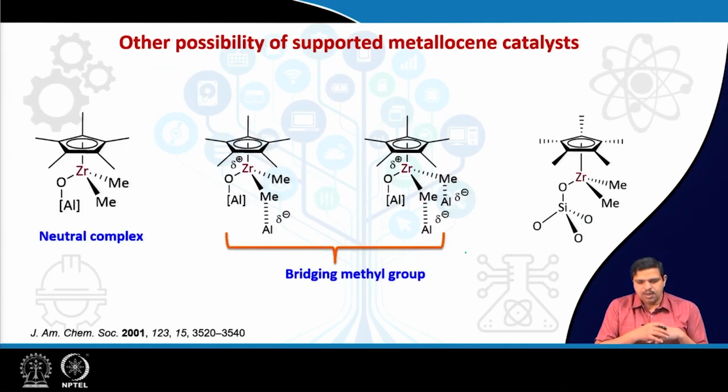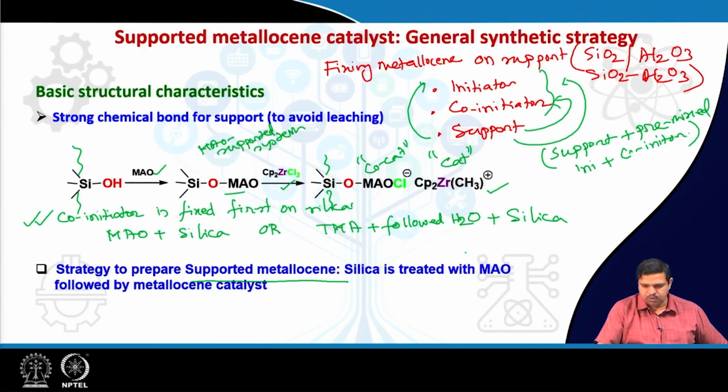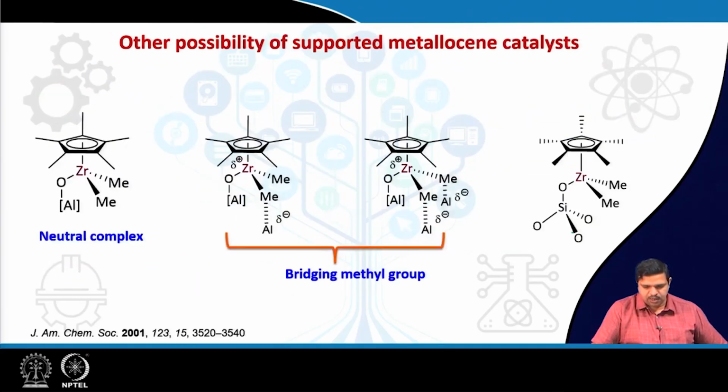Okay. So, these are other possibilities for the supported metallocene catalyst; here I have shown one strategy. You can directly attach the metallocene, and those are more advanced, although they are still not well accepted in industries. We have to do some tuning and standardize the method. So, these are very nice strategies.